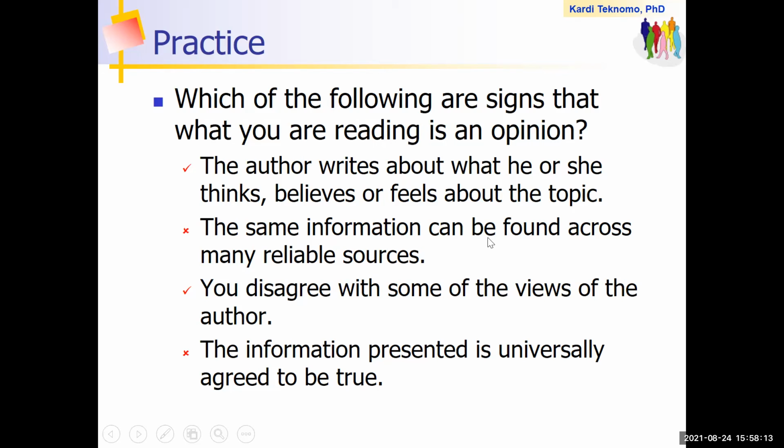The same information can be found across many reliable sources. Is this opinion or fact? Fact. Yeah. If the same information can be found across many reliable sources, then it is not opinion, this is fact.